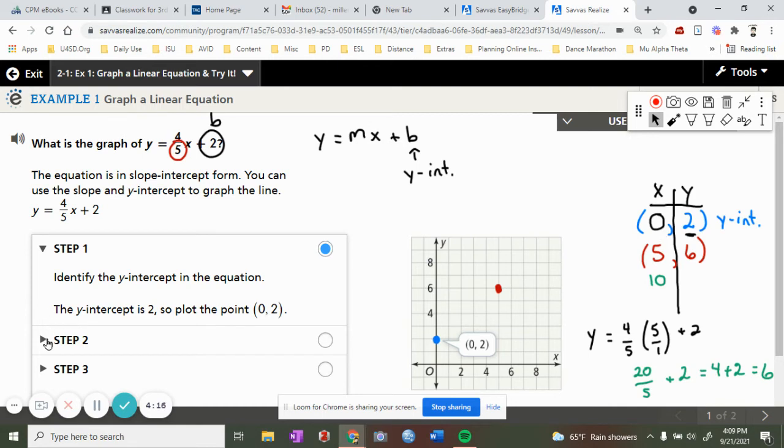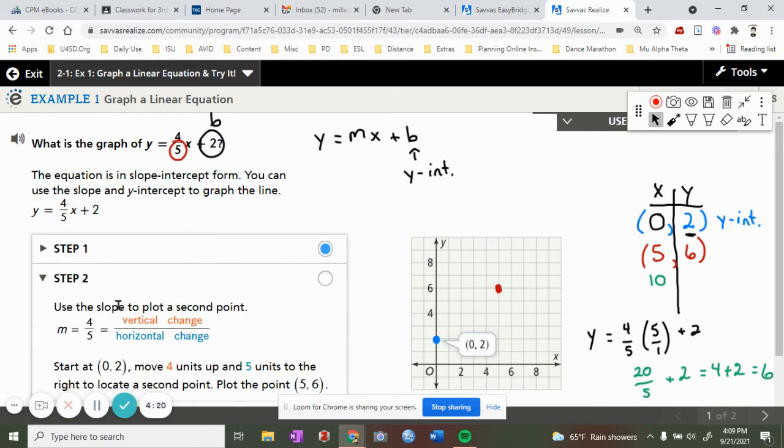Very cool. Then the second step is use our slope, the m value, it's in front of the x, to find our vertical and horizontal change. Our slope is rise over run.